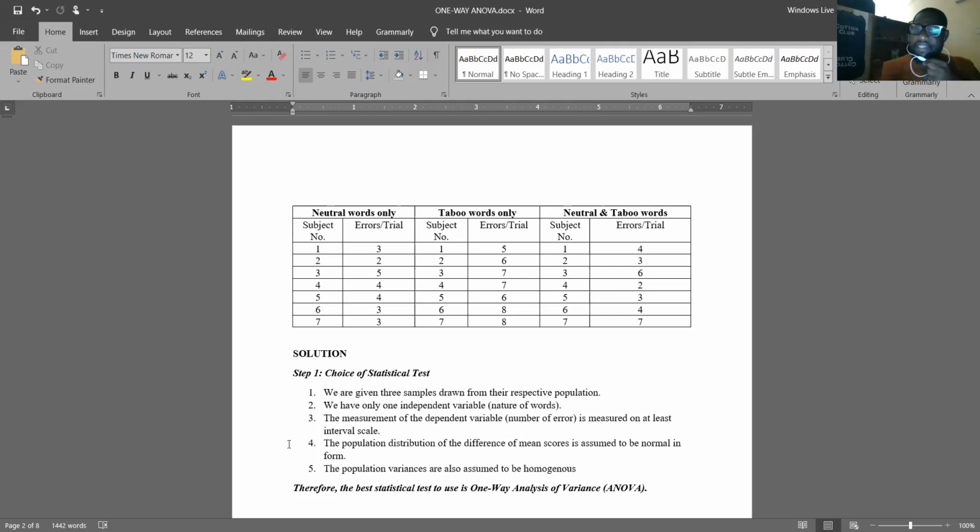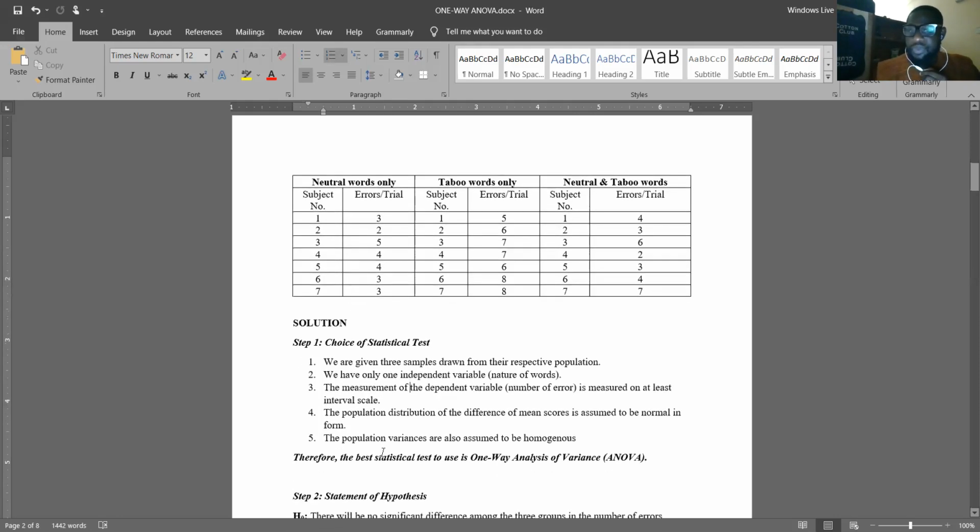So after you've stated these assumptions, then you tell your reader that the best statistical test that will fit this question is one-way analysis of variance. And that will be all for step 1. So whenever you have an ANOVA question, this is how you're supposed to state step 1.